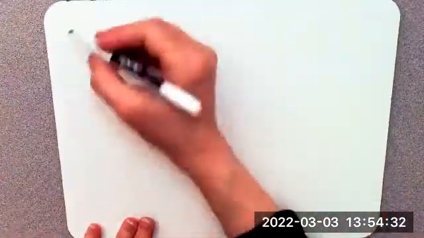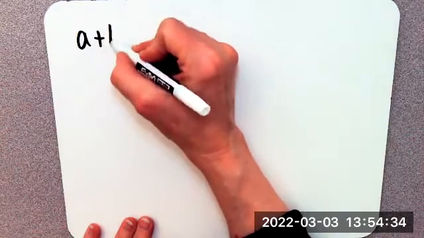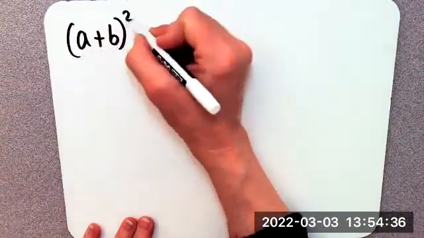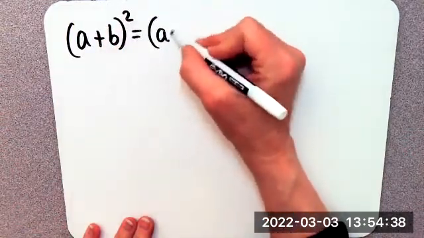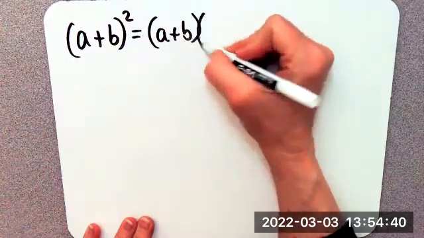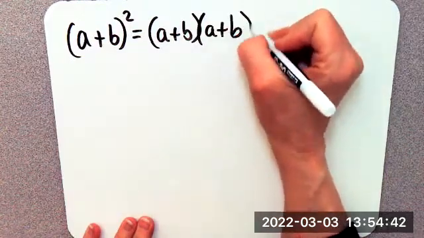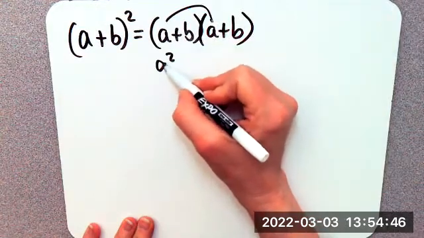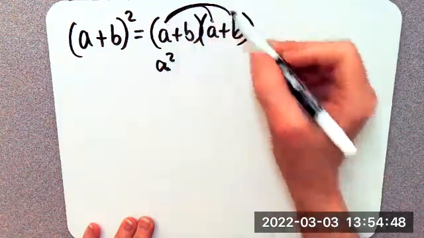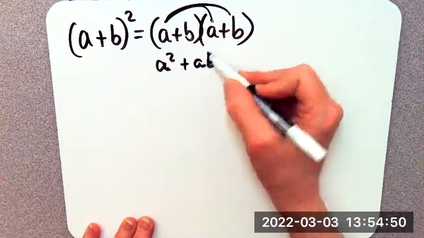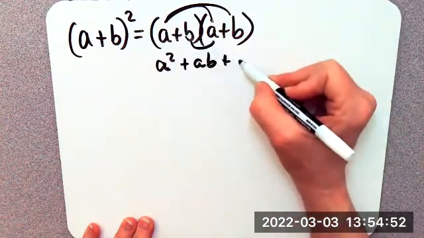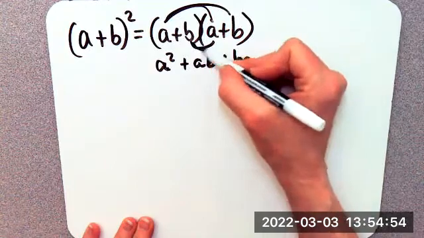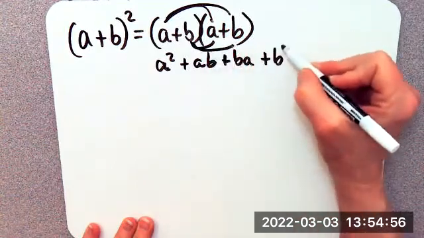So if we have a plus b squared, that equals a plus b times a plus b. Now, if we do FOIL, we get a squared and then plus ab plus ba and then plus b squared.